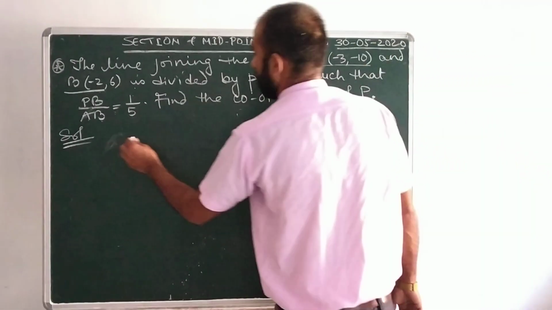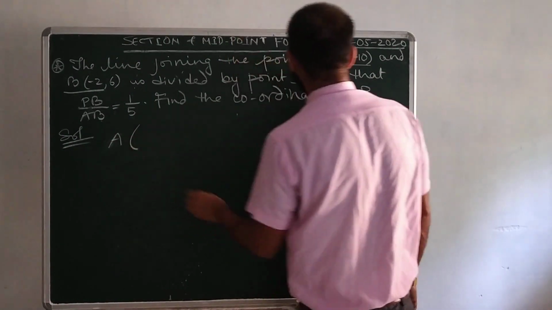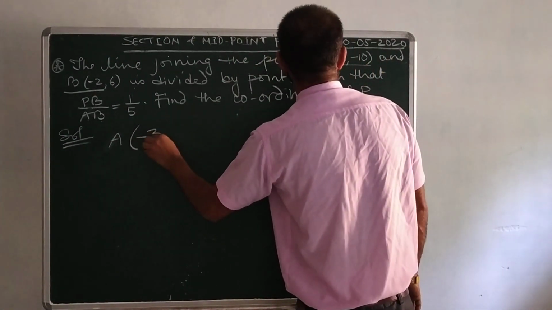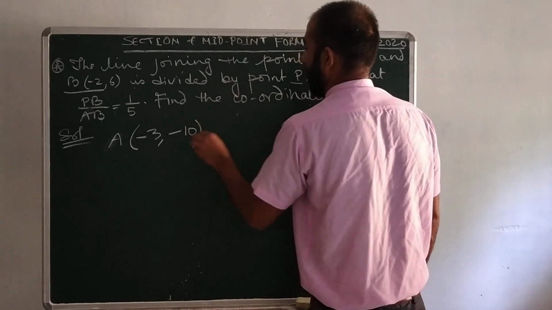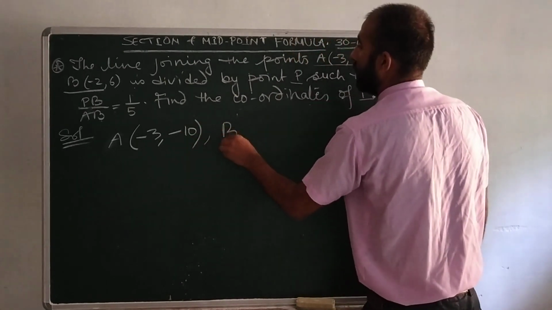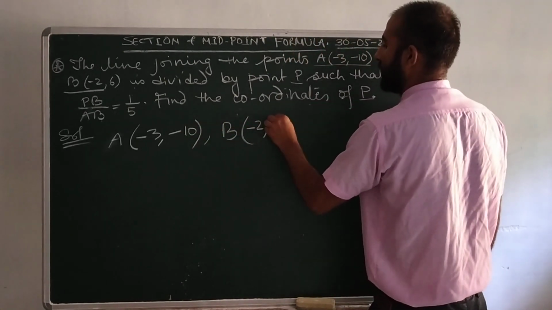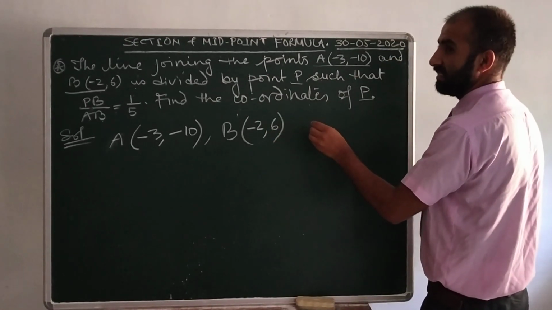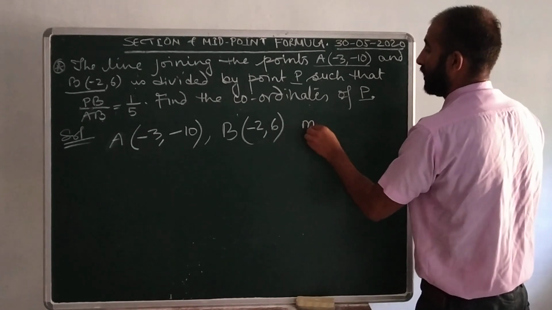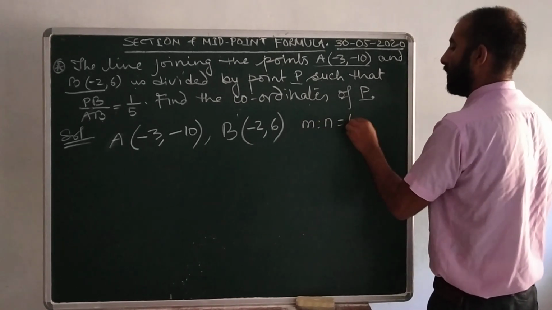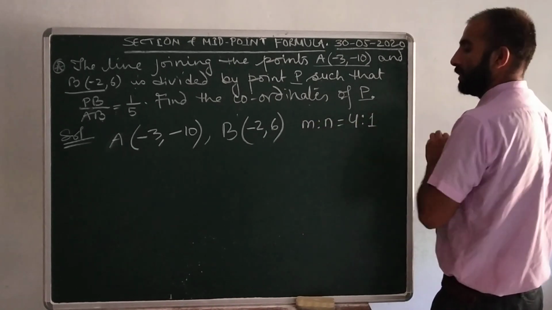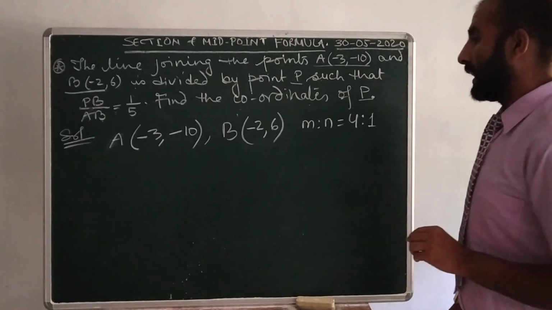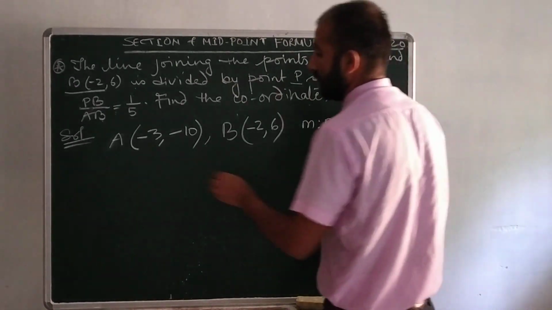Okay, we have point A as minus 3 and minus 10. Point B we have got minus 2 and 6, and we just found out the ratio M:N as 4 is to 1. So, let us use section formula.